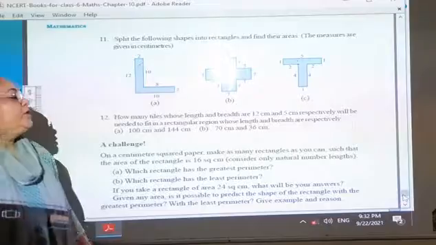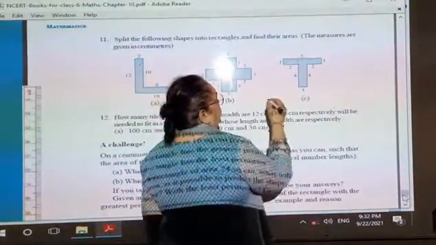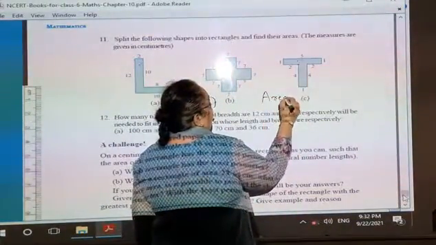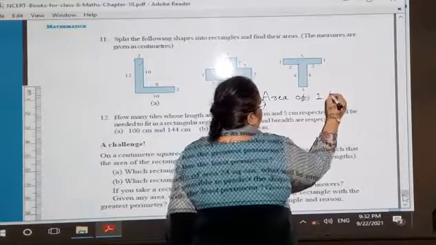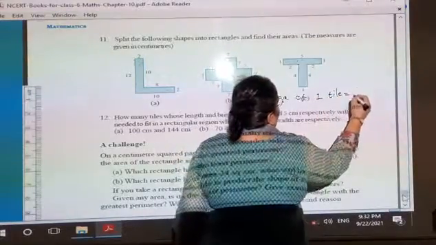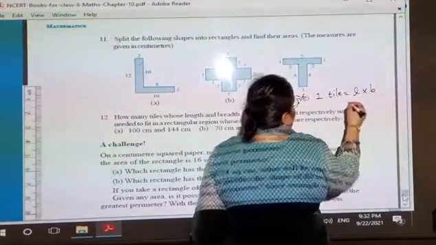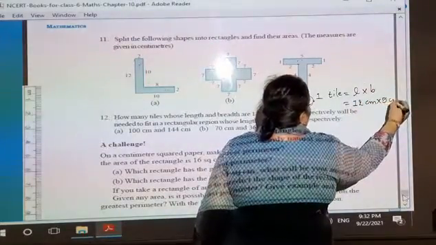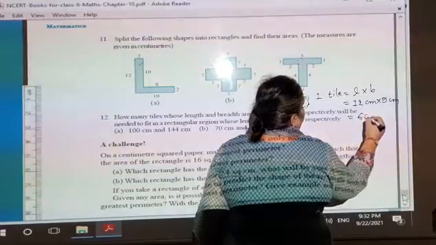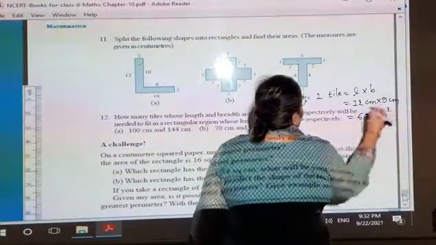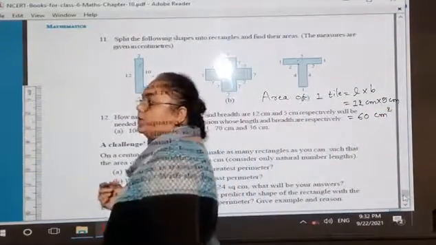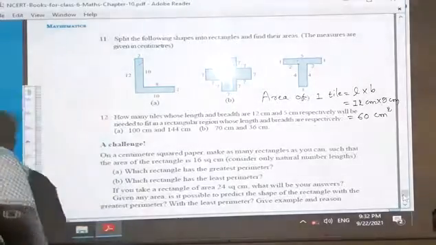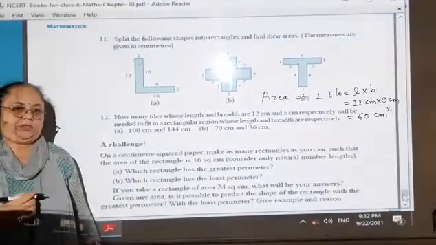Tiles का. So first of all, we have to find out the area of one tile, which is equal to length multiplied by breadth, which is 12 centimeter multiplied by 5 centimeter. So which is 60 centimeter square. या तो 60 सेंटीमीटर स्क्वायर लिखो या 60 स्क्वायर सेंटीमीटर लिखो.